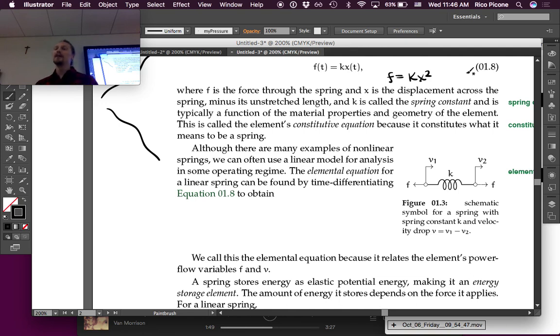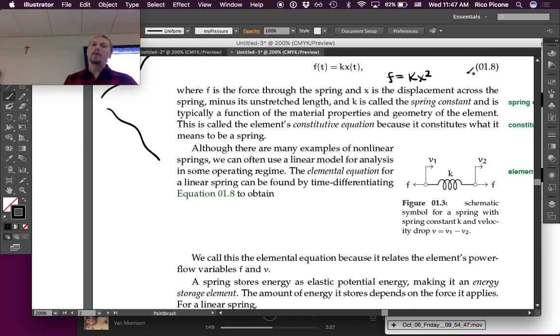But sometimes you only want to operate in a linear regime, like a small displacement window, for small vibrations. So although there are many examples of nonlinear springs, we can often use a linear model.